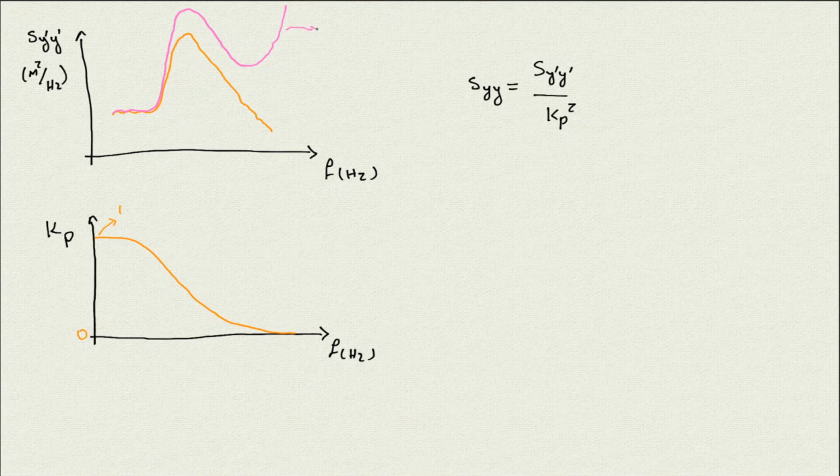So this is Syy, and this is Sy prime y prime. And if we do that, it goes toward infinity, and whatever we get is going to be wrong.